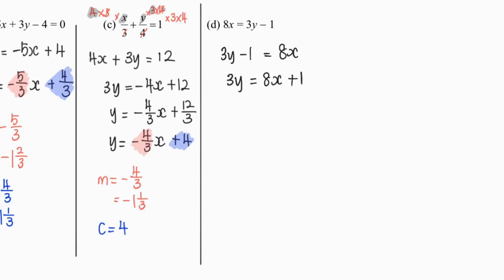Plus 1 on both sides, divide by 3 on both sides. Make sure all can divide by 3. And therefore, gradient, y-intercept. Again, don't leave your answer for gradient as an improper fraction. Leave it as a mixed number. Y-intercept.